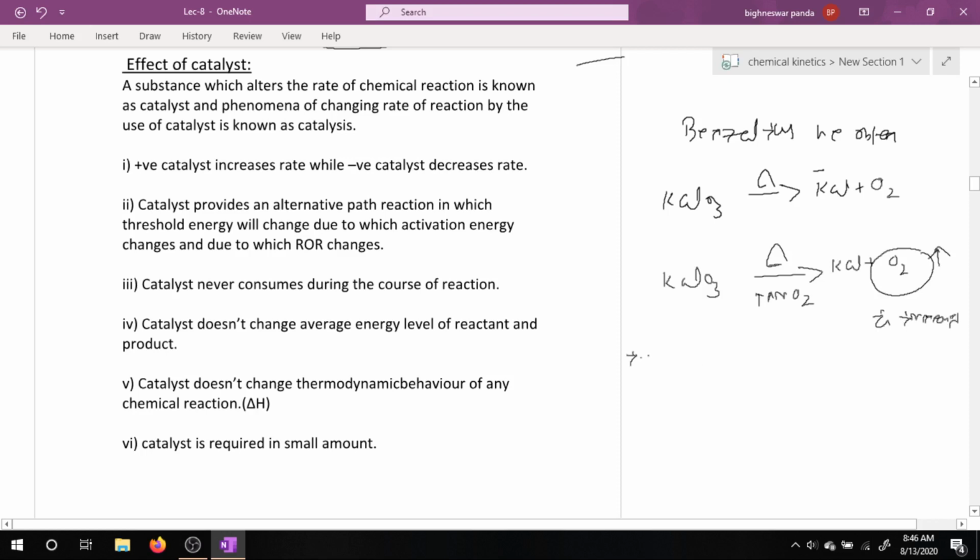That means the rate of reaction is increased by adding manganese dioxide. So manganese dioxide acts as a catalyst.